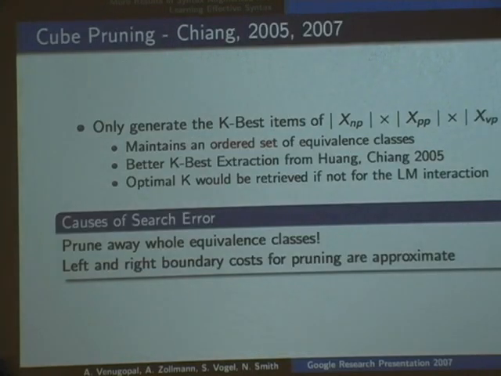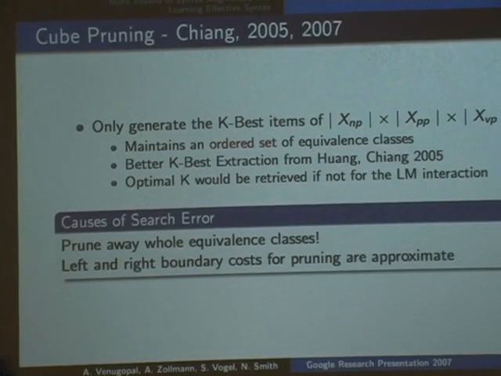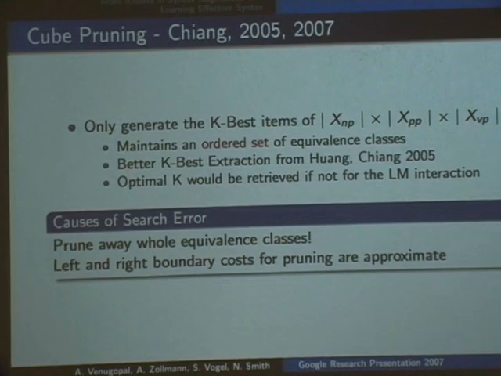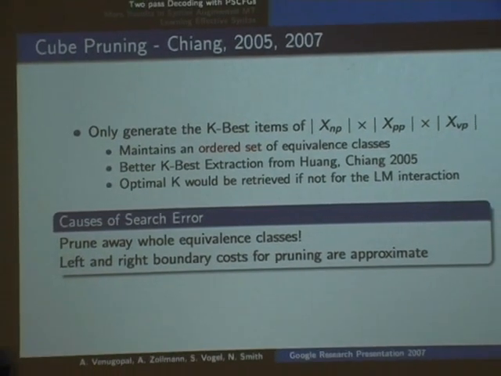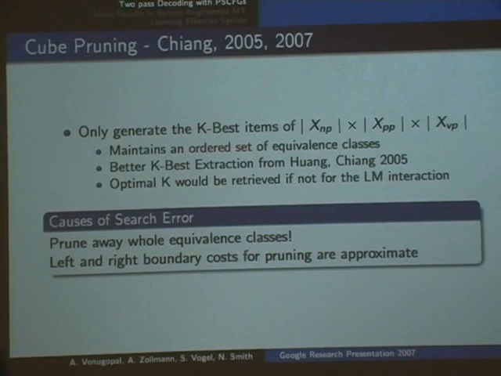What Q pruning, introduced by Chiang in 2005 and 2007, says is instead of generating all of these different hypotheses, let's rank them approximately and only generate the first k, right? So we maintain an ordered set of equivalence classes for each of those three non-terminal spots, and only generate the first k out of them, right?